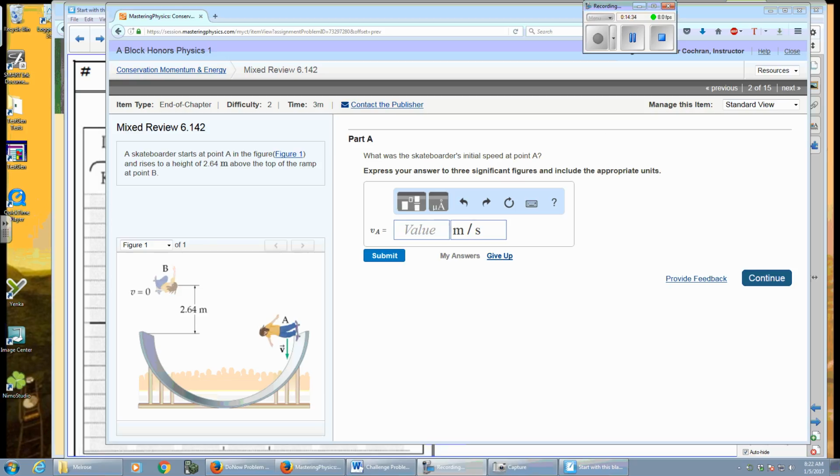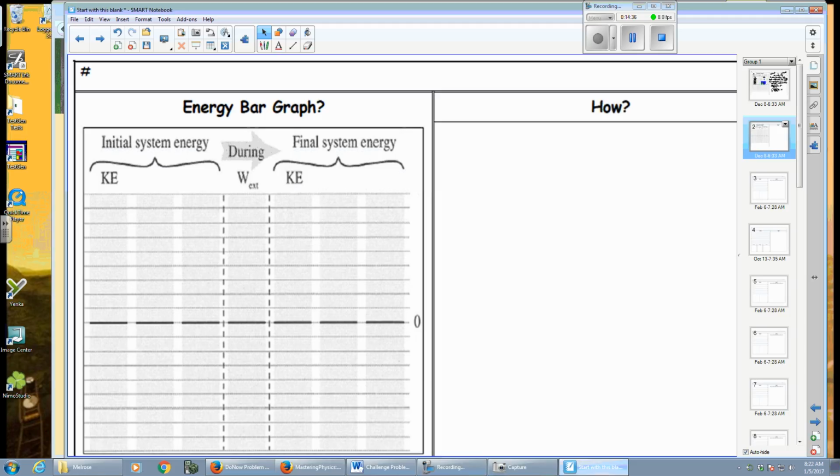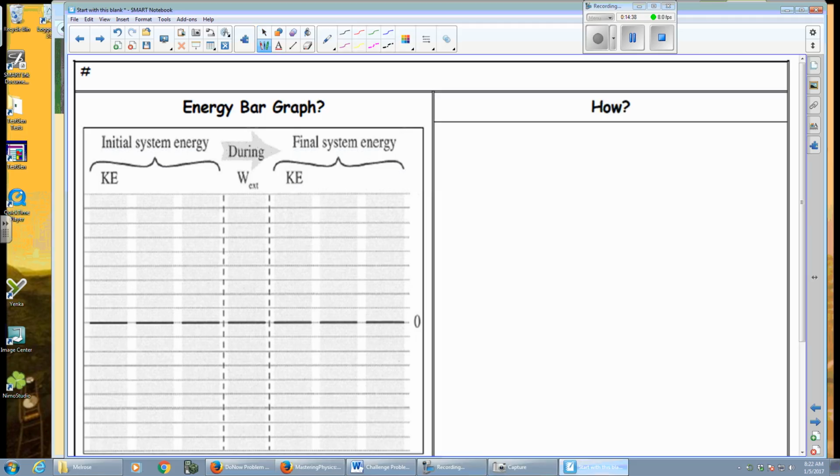So that would mean we need a PE grav here. So at the initial, they're going to have, let's say, kinetic energy like this. No potential because we set that, gravitational, we set that at 0. No external work.